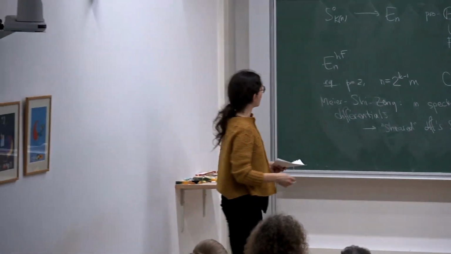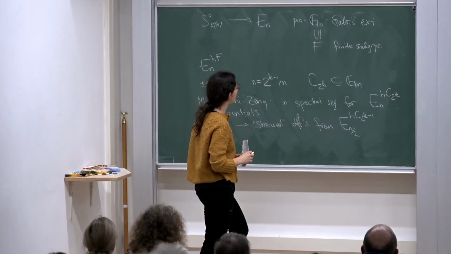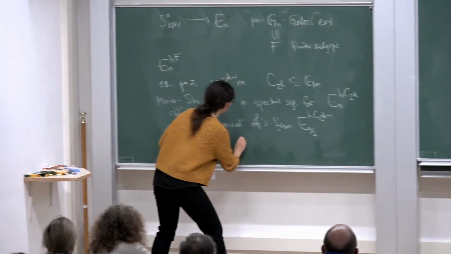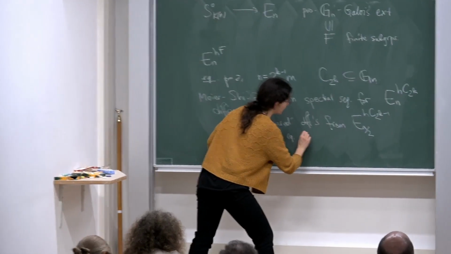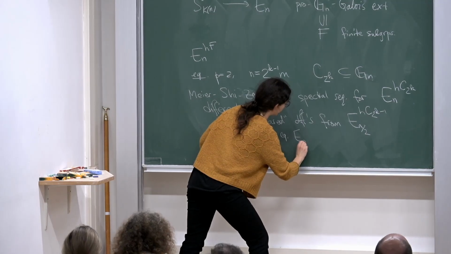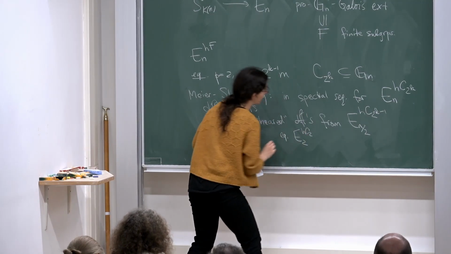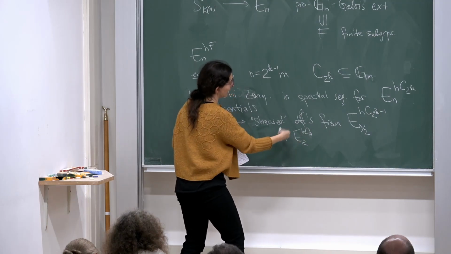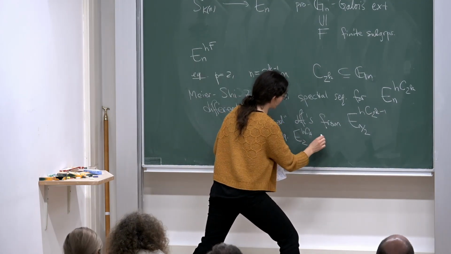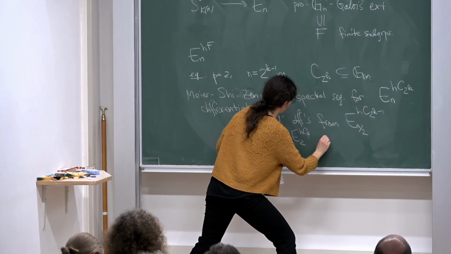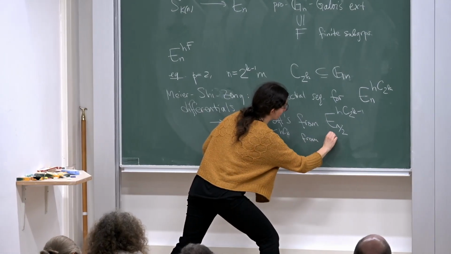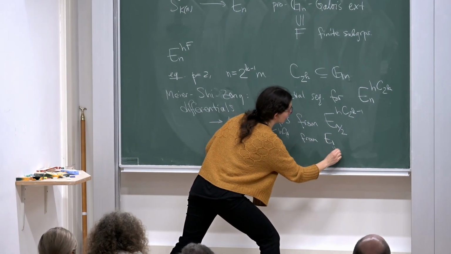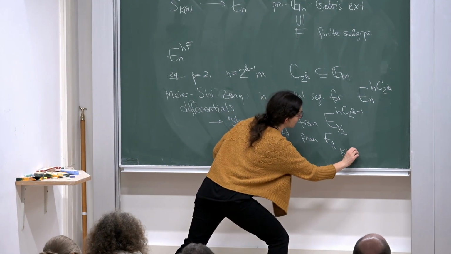So, you know, that means, for example, if you look at C4 acting on E2, this will have some differentials that come from E1, which we said we know it's p-completed K-theory.